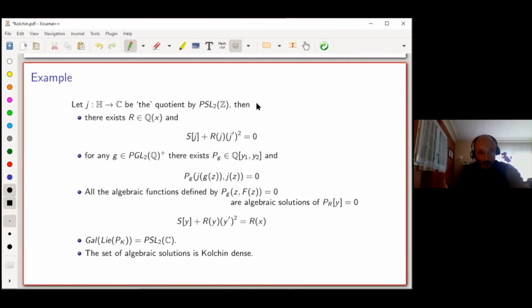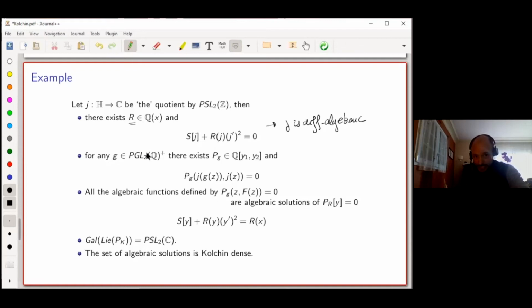And if you look carefully, you will see that there exists a rational function here such that this equation is satisfied, meaning that J is differentially algebraic. Okay, so it is one of the things we want to see.